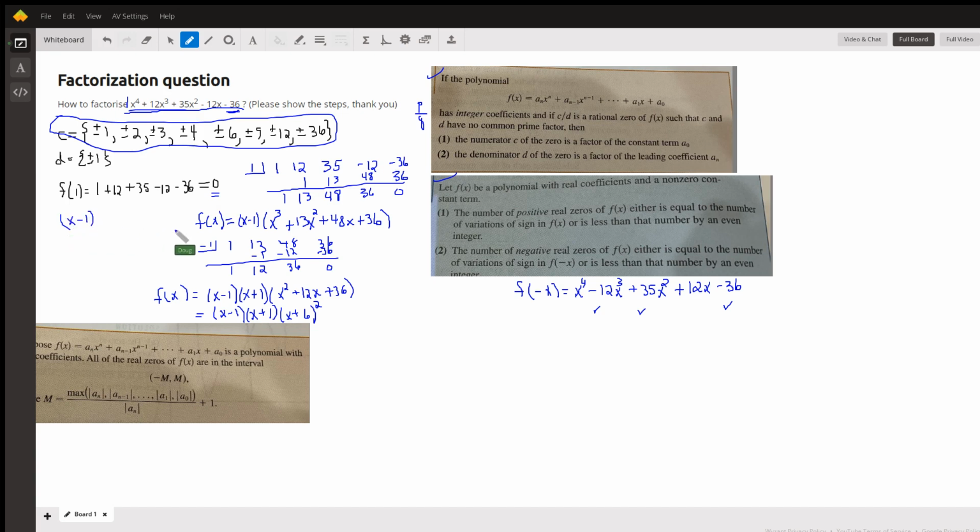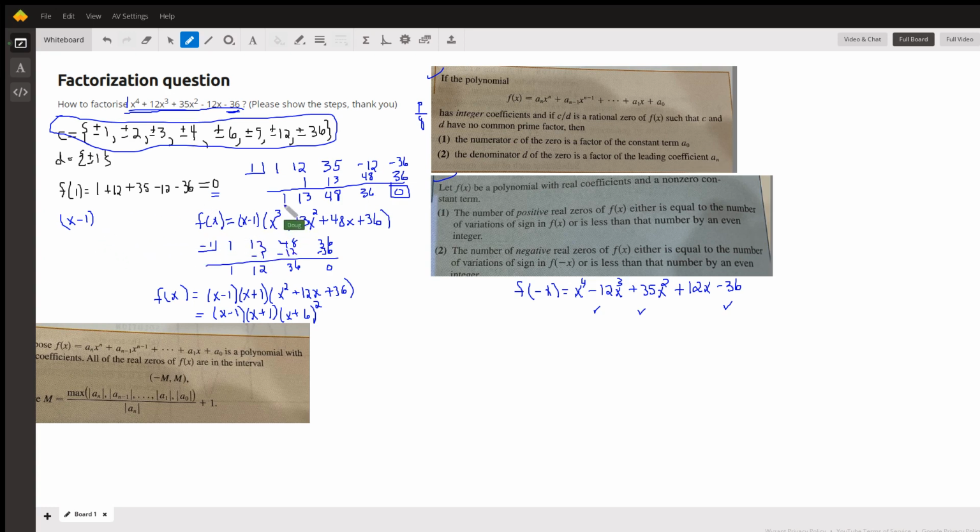Now, how do you find the remaining polynomial? Well, one way to do that is synthetic division. So there are the coefficients of the original function: 1, 12, 35, negative 12, negative 36. 1 is a root, so we're going to synthetically divide by 1, and we do get a 0 remainder, which we expected.